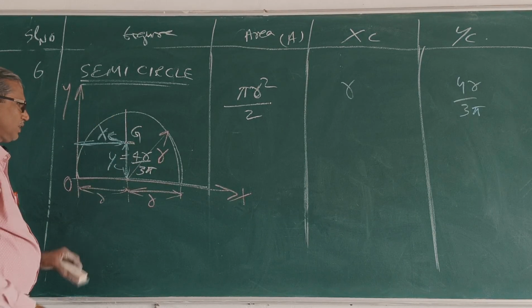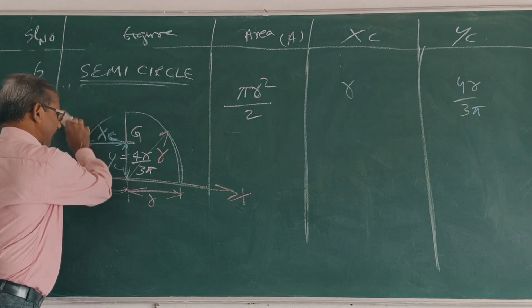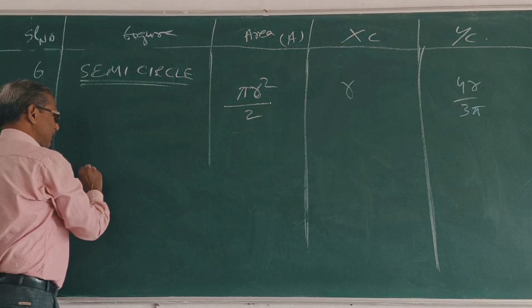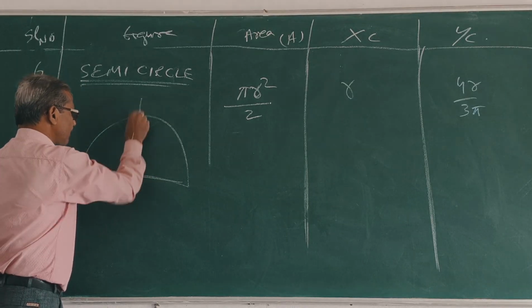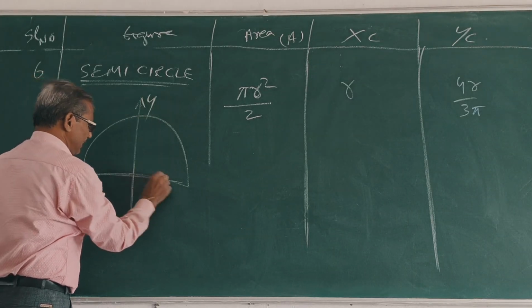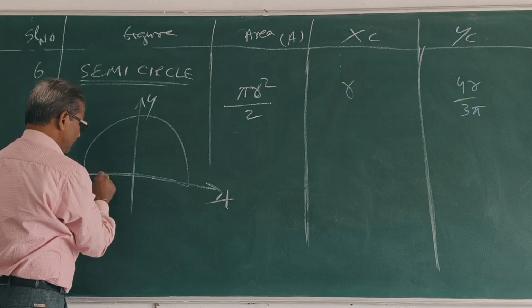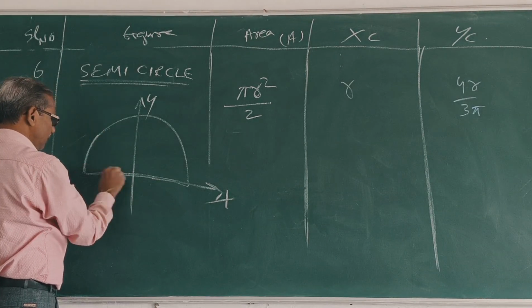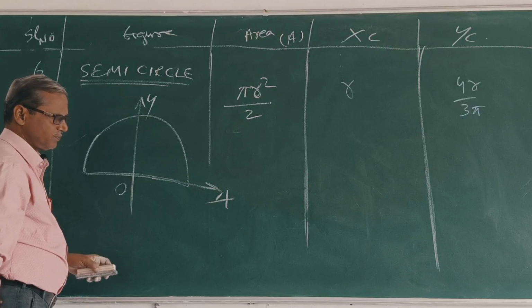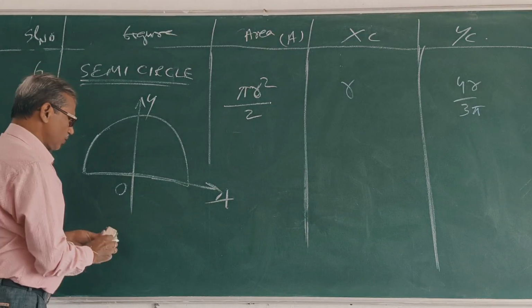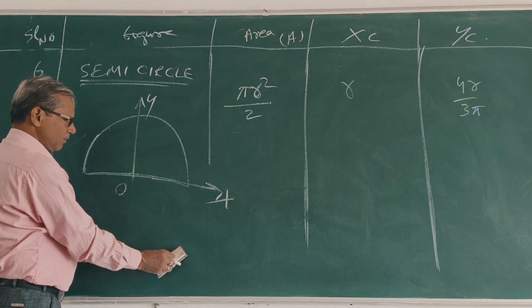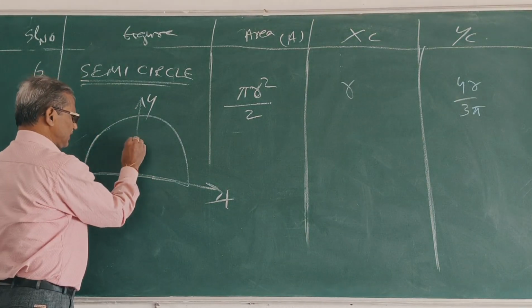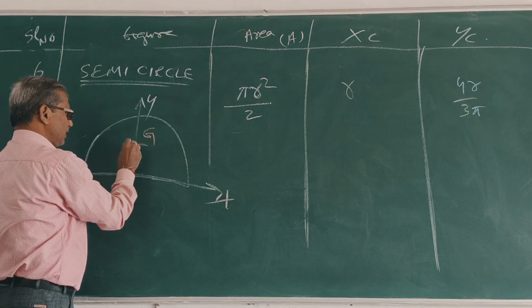If someone takes this as y axis and this as x axis, clear? Suppose this is the origin. So in this case, take this as CG, this is yc.